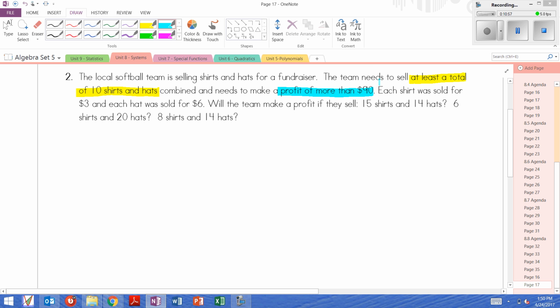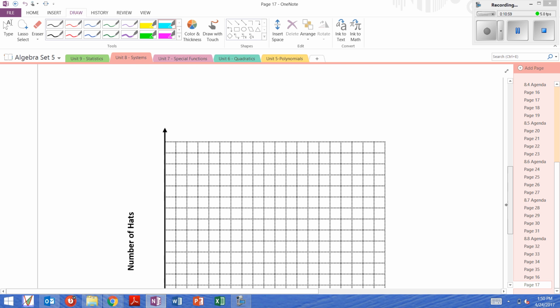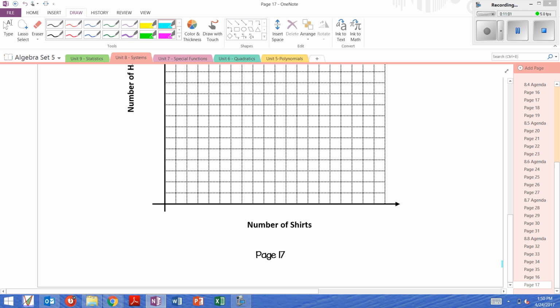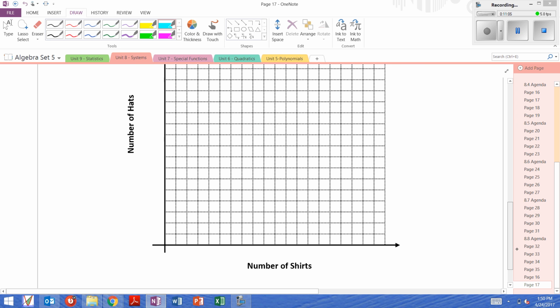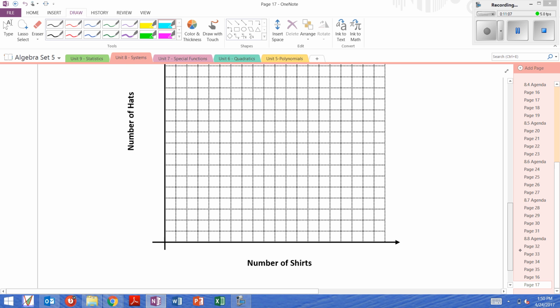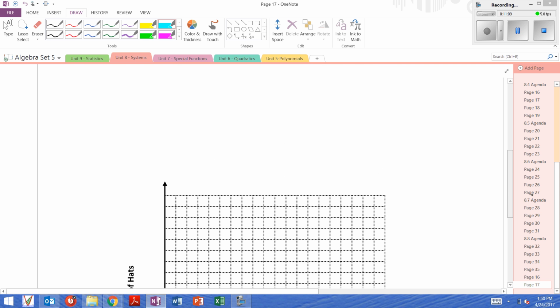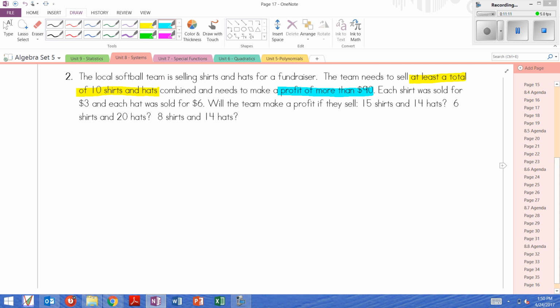So it looks like we have to answer a few questions at the end. I'm going to take a peek down at the bottom to see if there's any clues for me, and yes, there are. This is great. The number of shirts and the number of hats are my X and my Y. The reason why that is true is because we don't know how many shirts and how many hats are sold. So that could be another giveaway. If they didn't label it for you, we know that we're missing information.